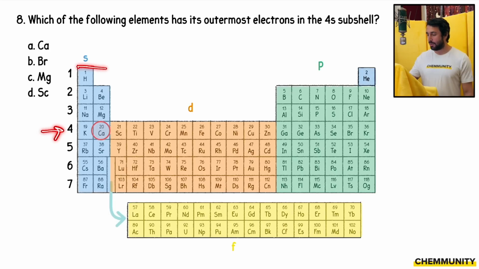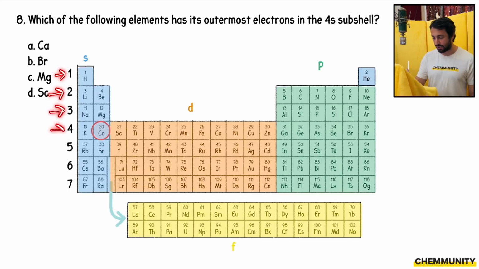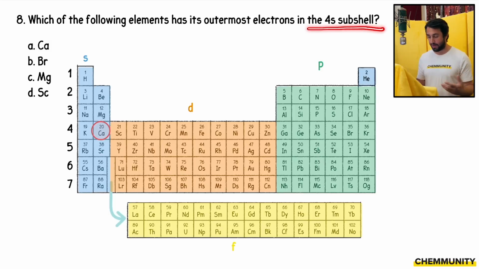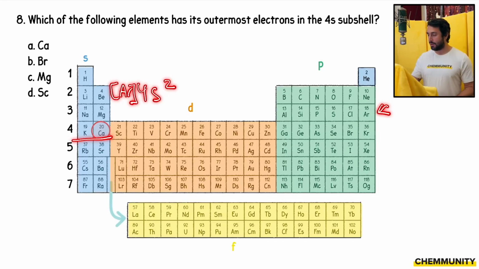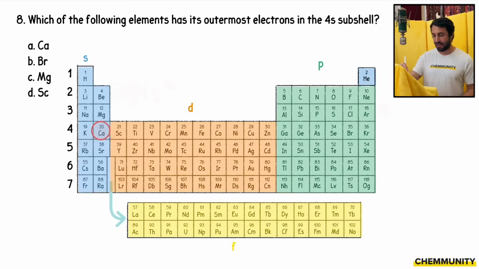Now, which period is it in? This is period 1, this is 2, 3, 4, and we just go down like that. Calcium is in period 4, and it does sit in the S block, which means that its outermost electrons are 4s electrons. The electron configuration of calcium ends in 4s2. We have an argon shell, and then the last 2 electrons will be sitting in the 4s orbital. So that is actually the answer. It is calcium right there.